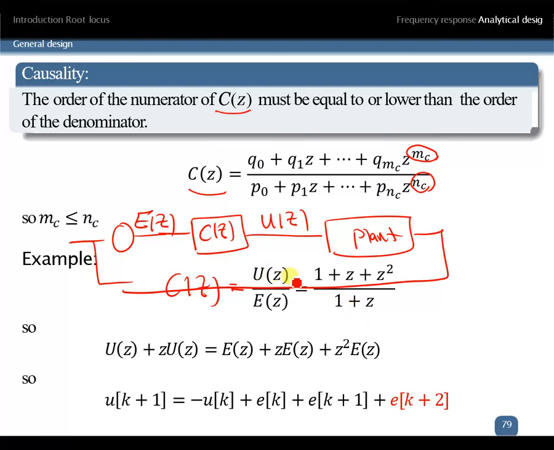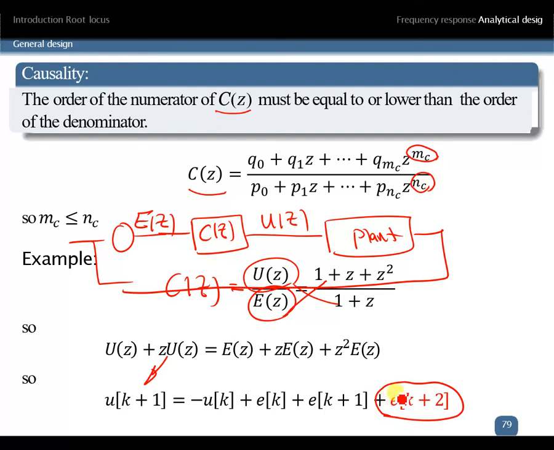If you multiply numerator here and denominator here and simplify the equation and take the inverse of the Z, it becomes u(k+1) equal to minus u(k) plus e(k) plus e(k+1) plus e(k+2). Here it shows the order of the numerator is bigger than the order of the denominator, and here you have u(k+2) appearing as normal.